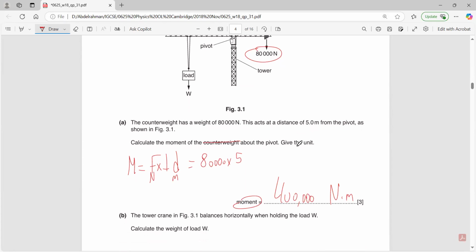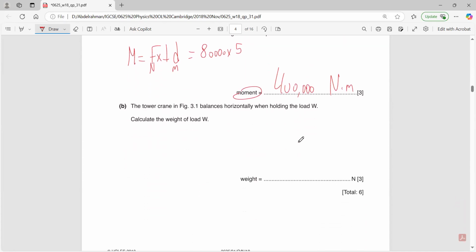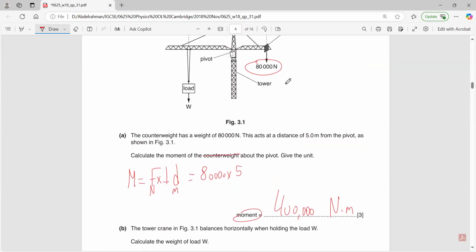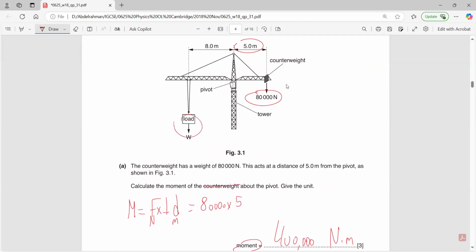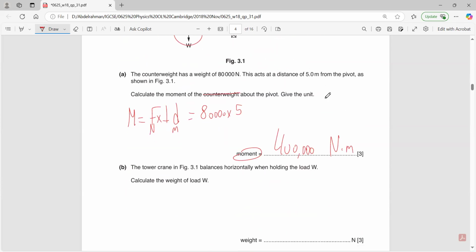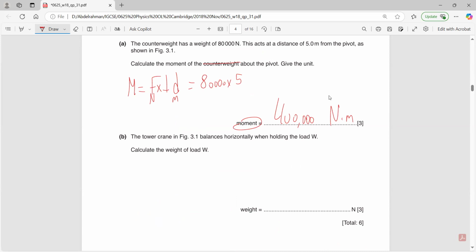Moment equals force times perpendicular distance. Can I find the weight of the load W? Yes, I can find the weight. Clockwise moment equals anti-clockwise moment. The moment we found, 80,000 times 5, was the clockwise moment. I have to say that the anti-clockwise moment is equal to the clockwise moment, first of all, because it's balanced.